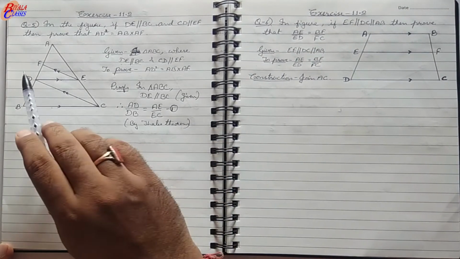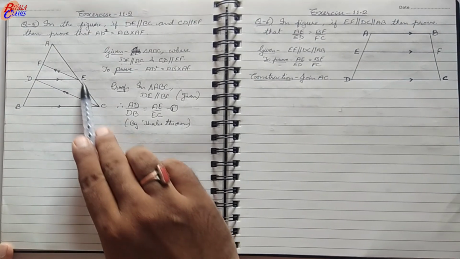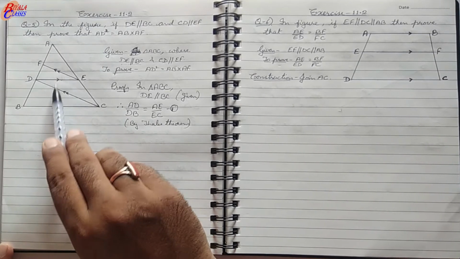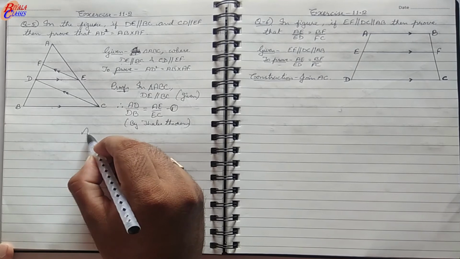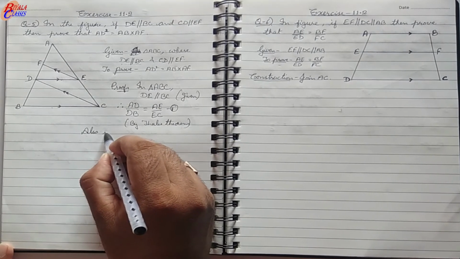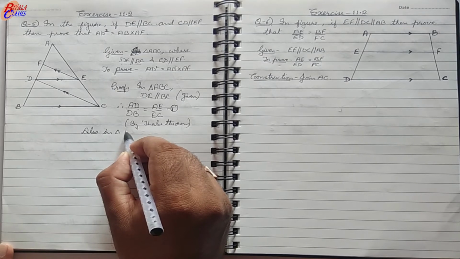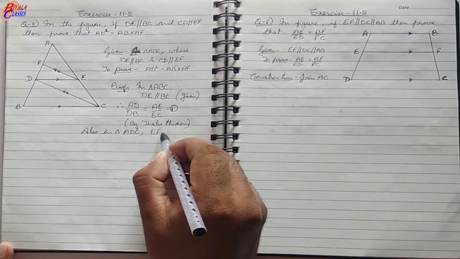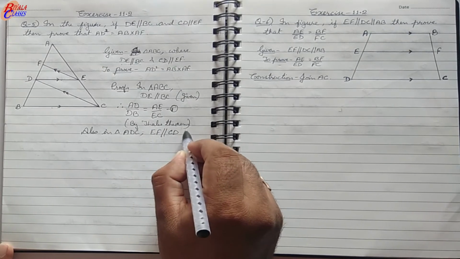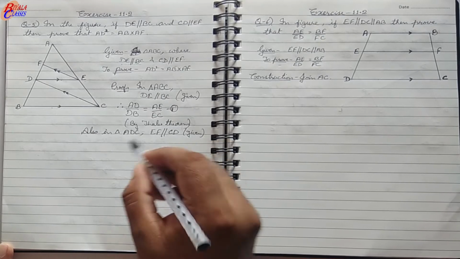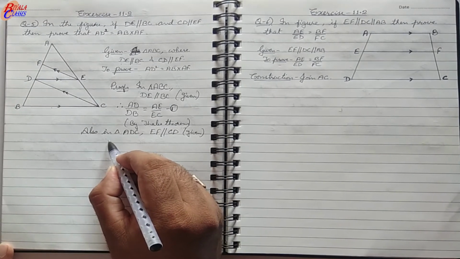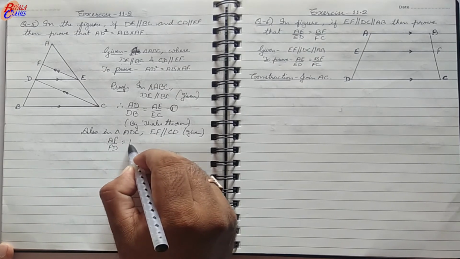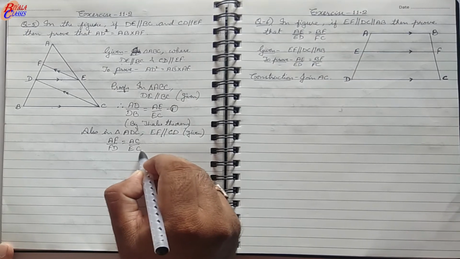Now similarly, if you consider the triangle ADC, in this triangle EF is parallel to CD. Also in triangle ADC, we are given that EF is parallel to CD. So again, by using the Thales theorem, the basic proportionality theorem, we have AF upon FD is equal to AE upon EC.